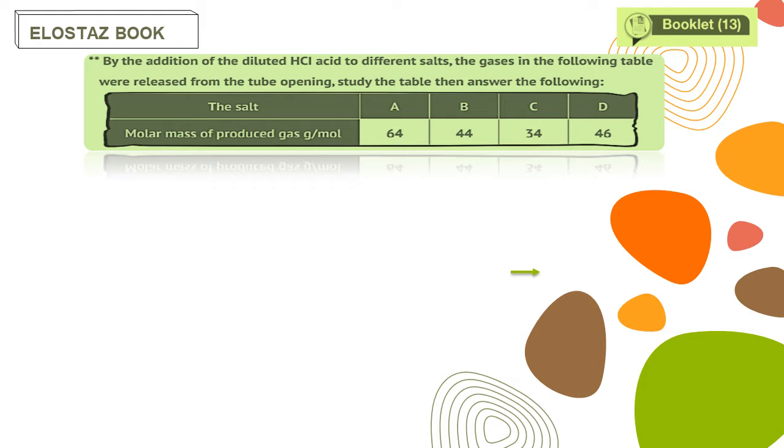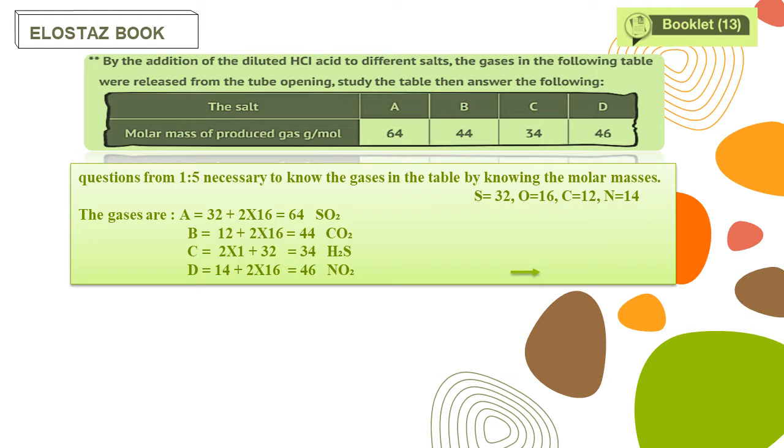For questions 1 to 5 we have this table. At first we will take the atomic masses for the elements: sulfur 32, oxygen 16, carbon 12, and nitrogen 14.